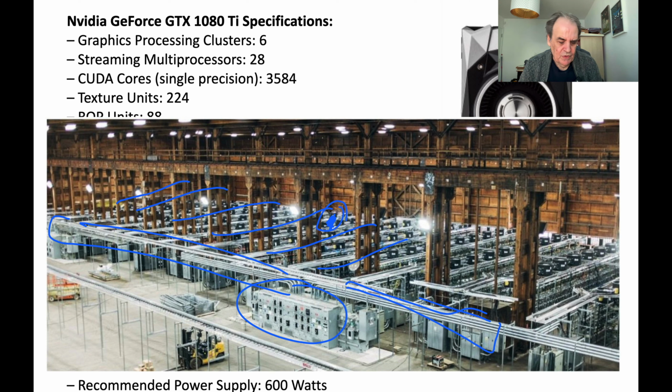So to support all of the electricity and the investment in GPUs, there's got to be an incentive that winning the Bitcoin hash competition will result in a profit.